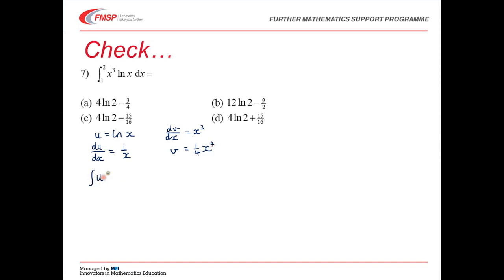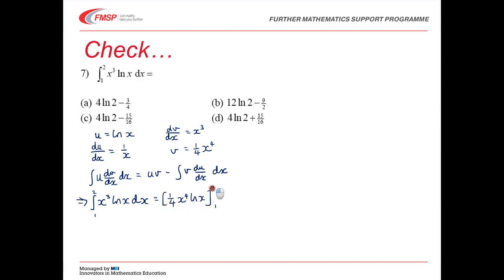So my formula, u dv by dx minus v du by dx, so that's integral from 1 to 2 of x cubed log x dx equals uv, so that's 1/4 x to the 4 log x between 1 and 2, take away integral from 1 to 2 of v du by dx, so that's a quarter x cubed.